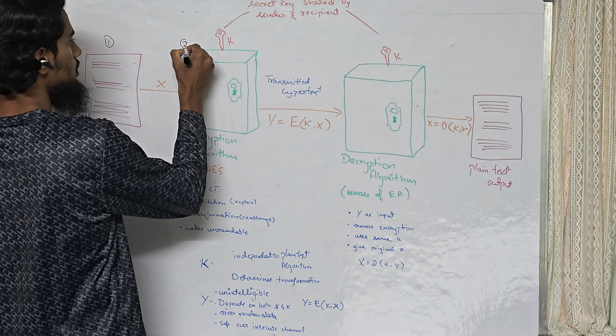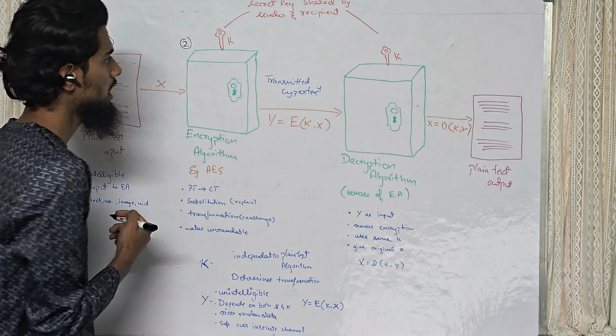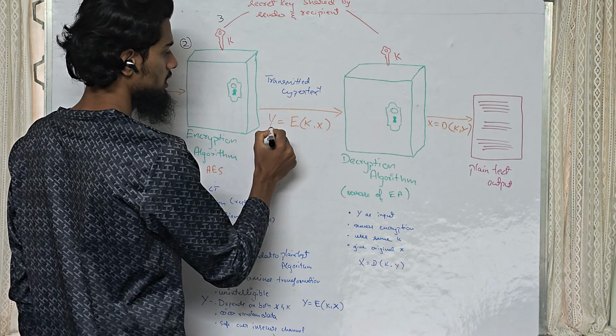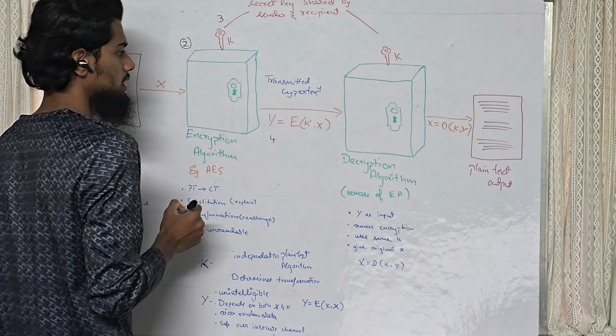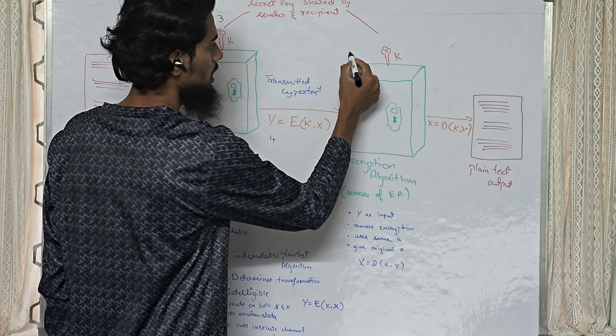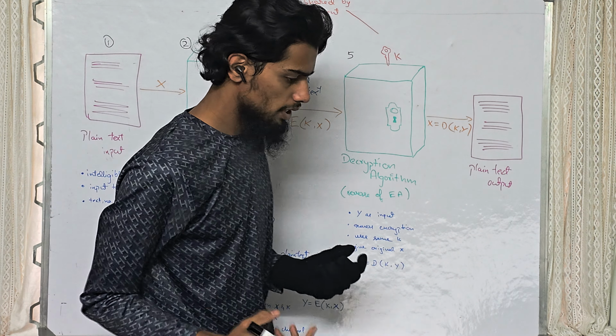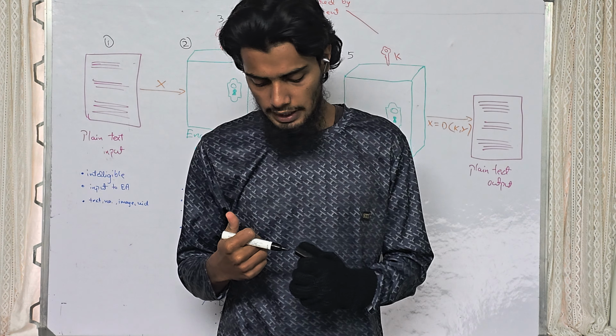This will be 2. The key we have is also an ingredient, we'll say this is 3. The ciphertext is Y, we'll say this is 4. And last, the decryption algorithm, 5. Plain text is again the same, input and output, so it doesn't really change much.